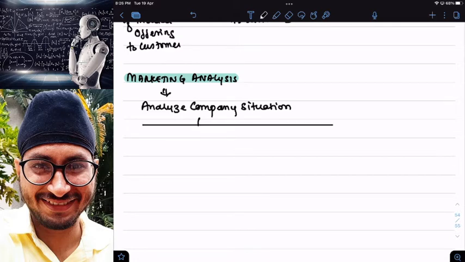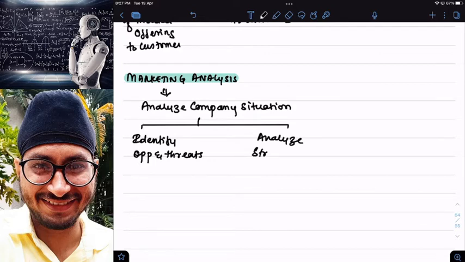How can I analyze the company's situation? Number one, identify the opportunities and threats. Simple. An opportunity means a favorable condition, and a threat means an unfavorable condition, right? Find out what is favoring the company and what is not, and then analyze strengths and weaknesses.